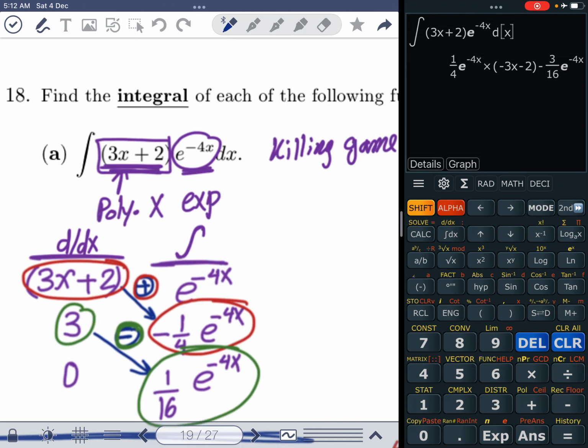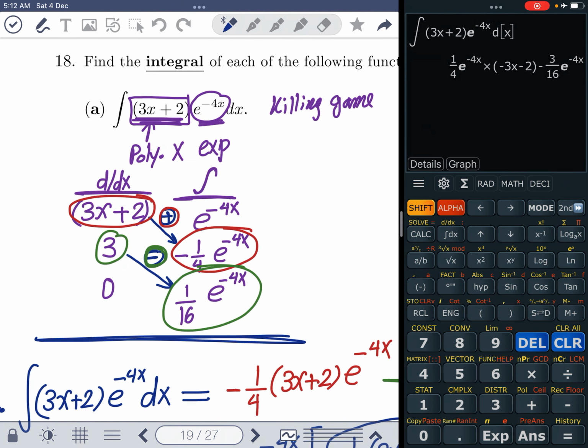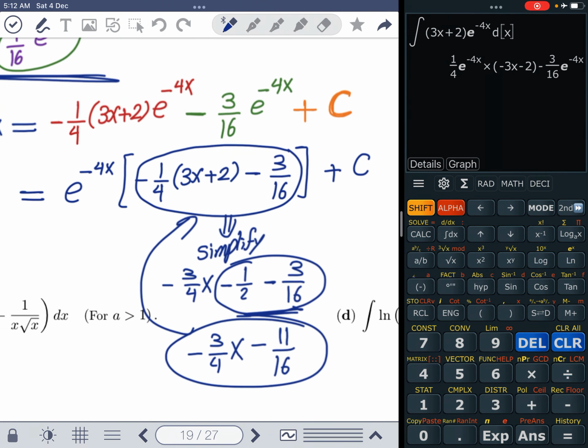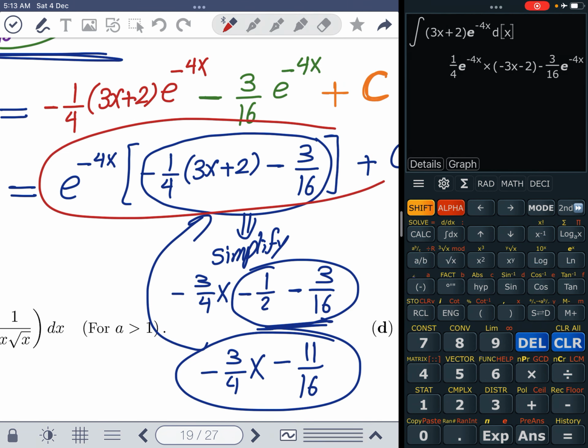Okay, so here they didn't take e to the negative 4x as a common factor, but you can see that it is, if you look here, 1 over 4, yeah. So compare this answer that we have here with the answer that you see on top. It is the same one, exactly.